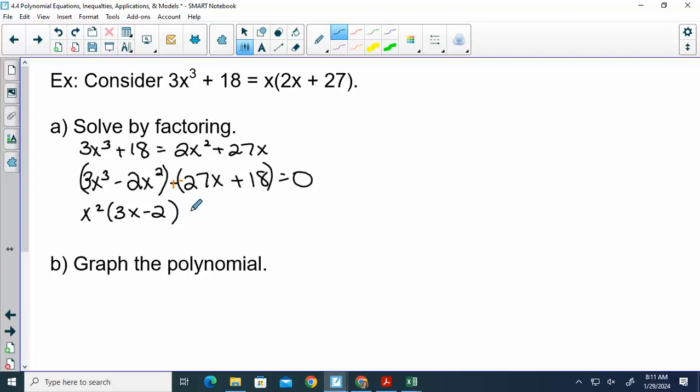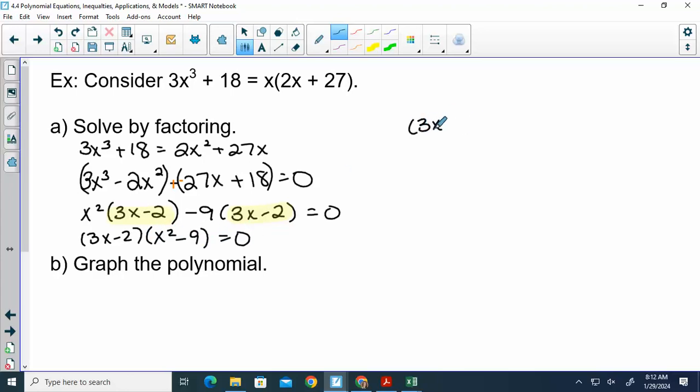Second parenthesis, what can we take out? We have 3x minus 2. And remember, grouping works if the parenthesis is the same on both. So this was a success. So now we factor out that parenthesis. And so if I take out the 3x minus 2, we're left with x squared minus 9.